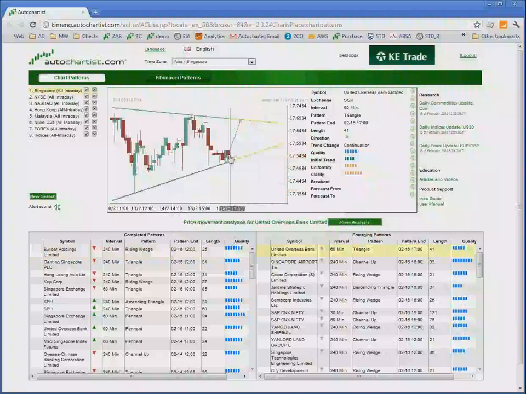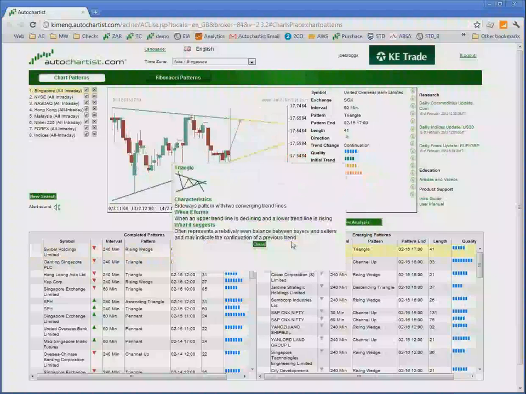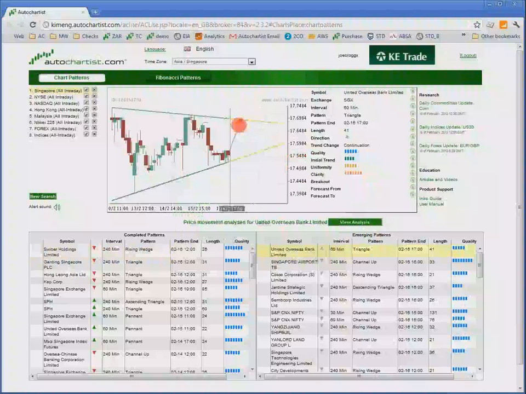It's a textbook description of a triangle, two converging trend lines with slopes in the opposite direction. However, an emerging pattern has not yet broken through the support or resistance in the expected direction. This one is a bullish expectation, so we're expecting it to break upwards through the resistance line, but this has not happened yet.